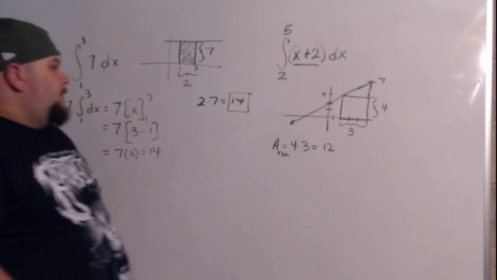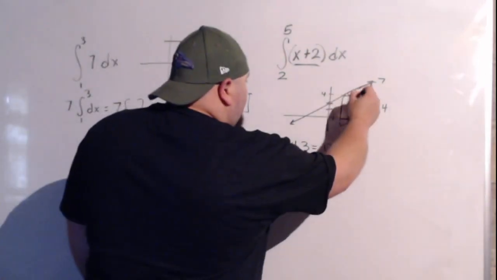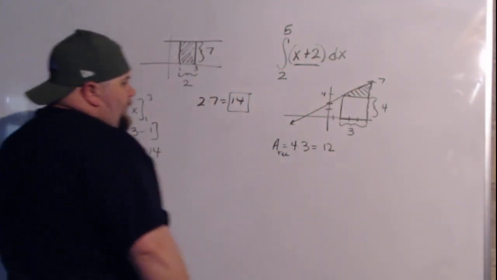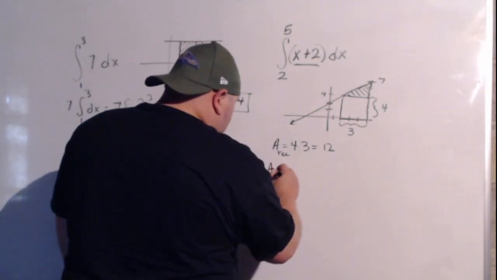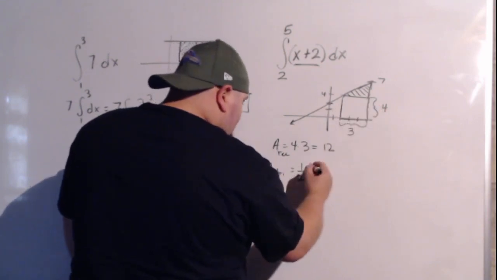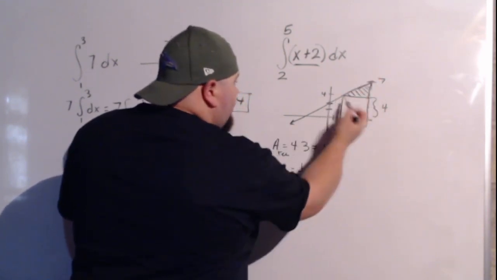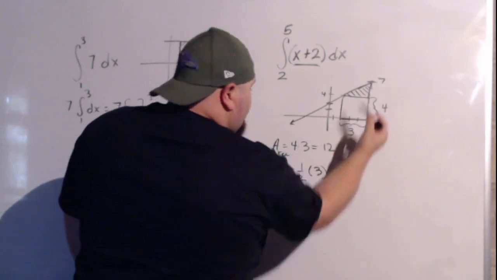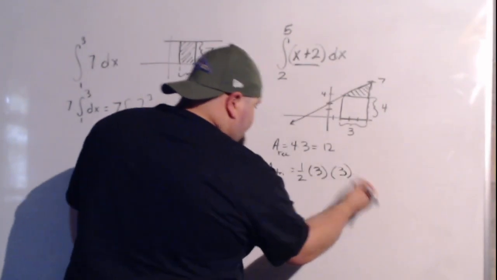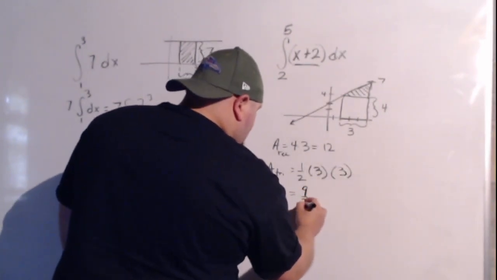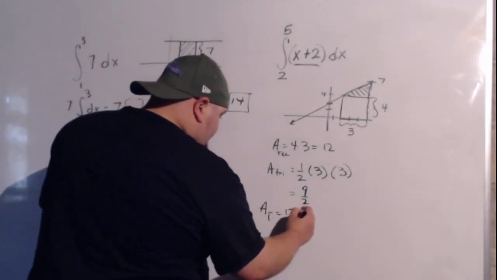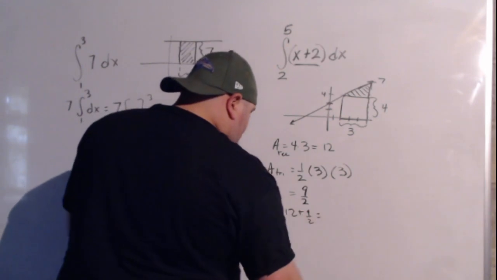And we just need then the triangle. So remember, the area of a triangle is 1/2 its base, which is 3, times its height. Well, if this is 4 and that's 7, then its height is also 3. So you get 9/2, and so the total area is 12 plus 9/2.